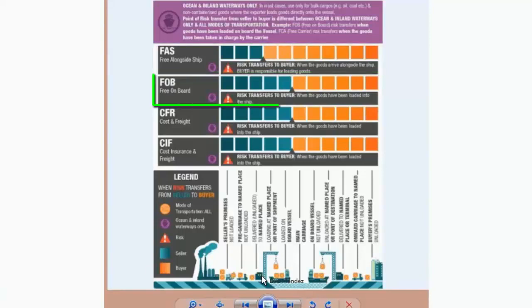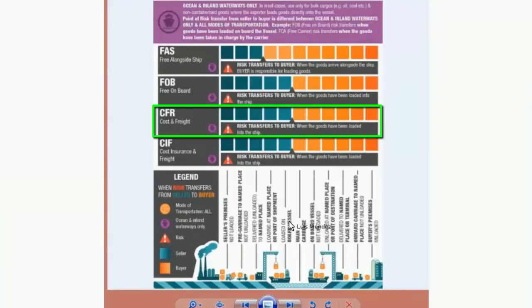Then we have FOB, that is free on board. The risk transfer happens when the goods have been loaded into the ship. So you can see here, free on board. It is loaded and it is on board the vessel or the ship. Then we have the CFR, that is cost and freight.